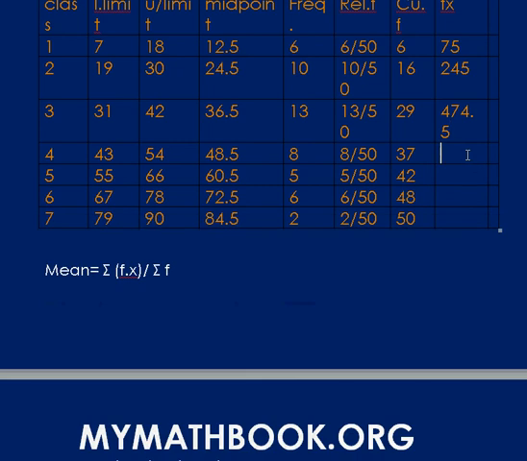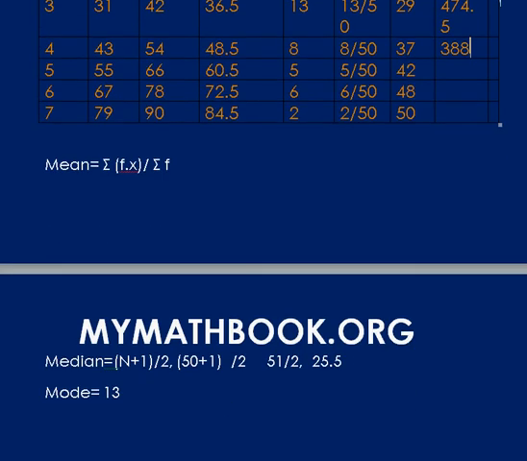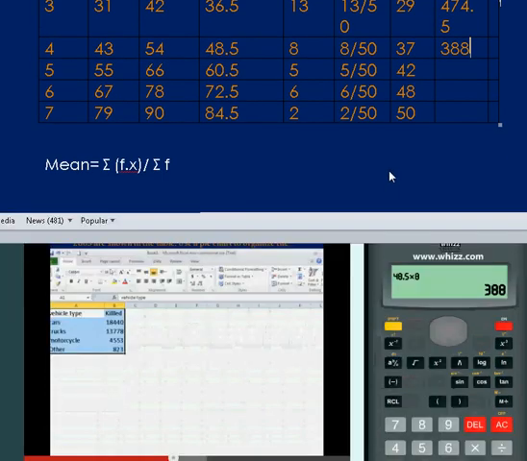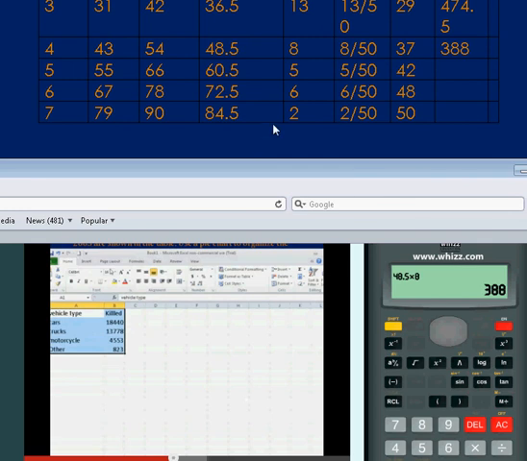We have 3 more to go. Let's get this done on time. 60.5 times 5 is 302.5.